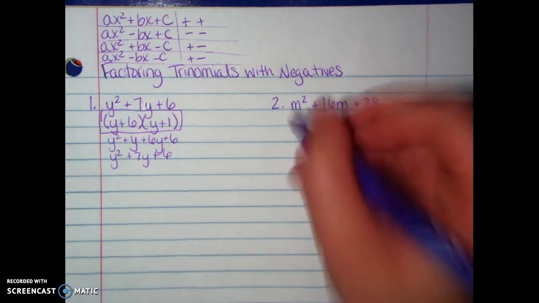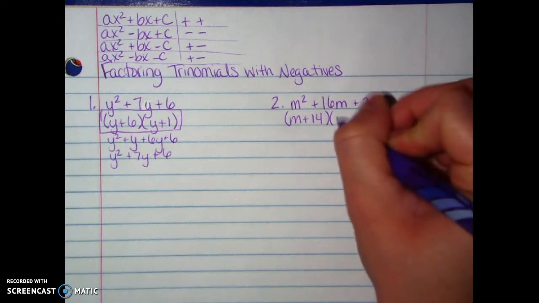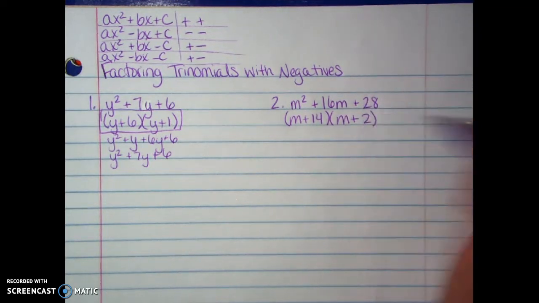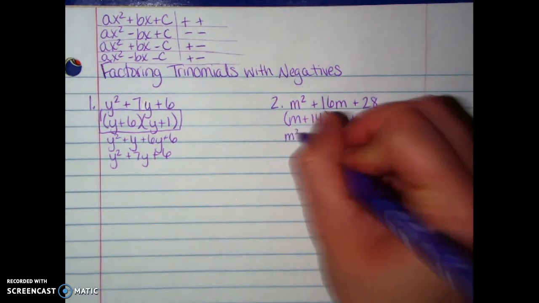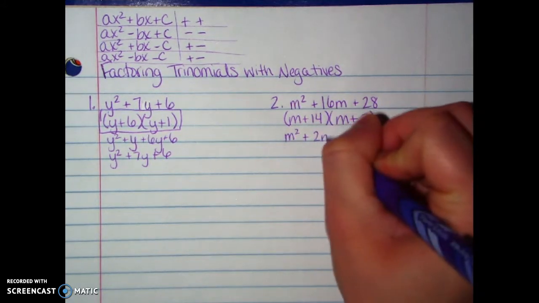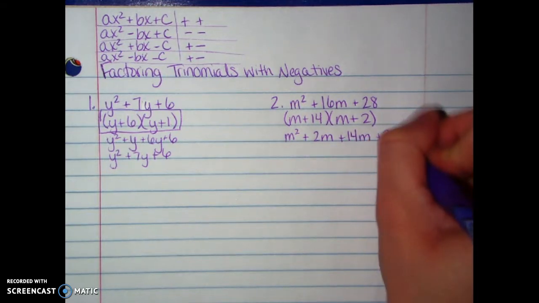Okay, and the other one, m plus 14, m plus 2. And I will multiply these out, so m squared plus 2m plus 14m plus 28.